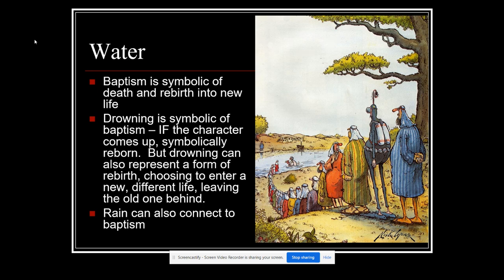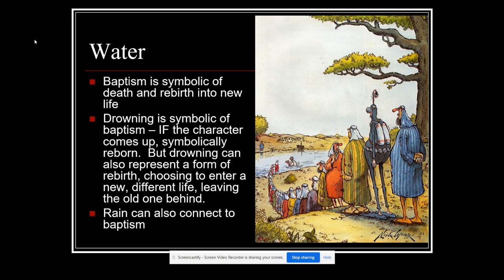Okay, water oftentimes can be related to enlightenment, baptism, the idea of going under and then resurfacing with some kind of new rebirth or new outlook on life.